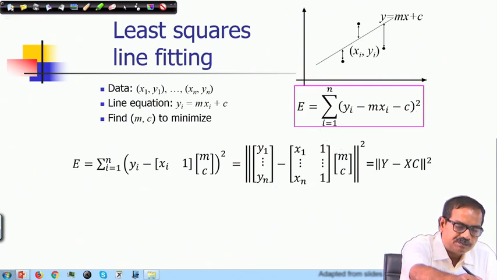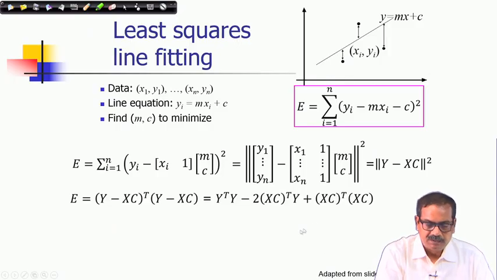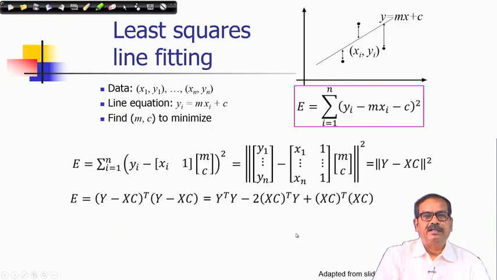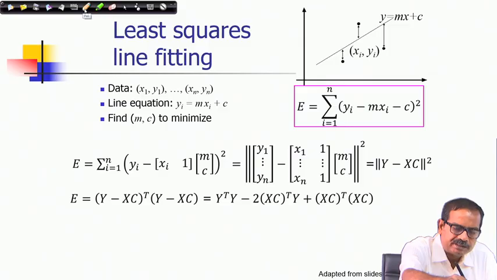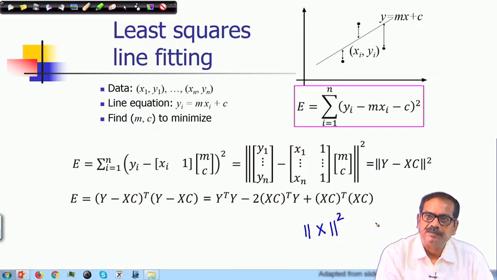Let me wipe out these writings and proceed further. Now, we have a matrix notation, and as you know, the norm can be written in this form, y minus x c transpose y minus x c. Just to explain once again, suppose you have a vector represented as a column vector.